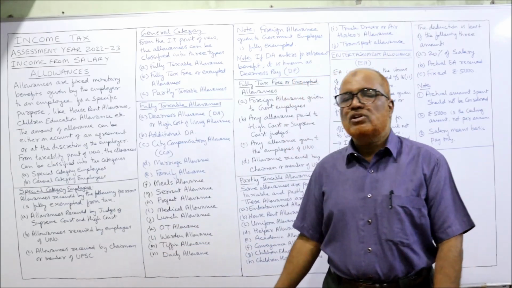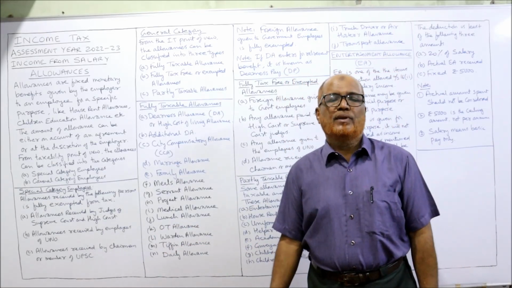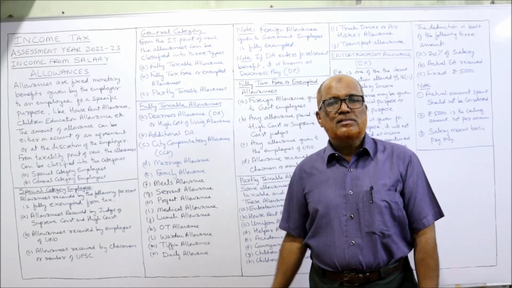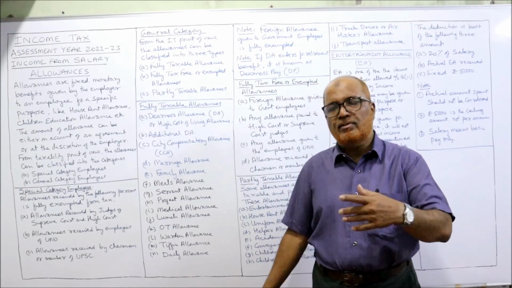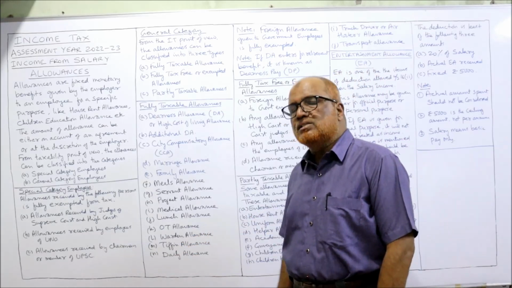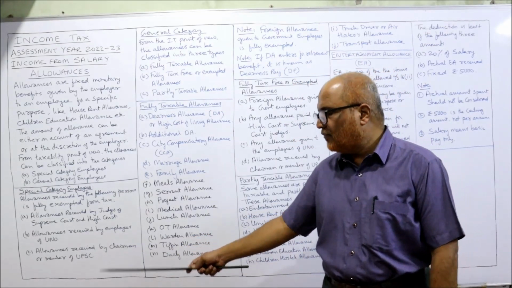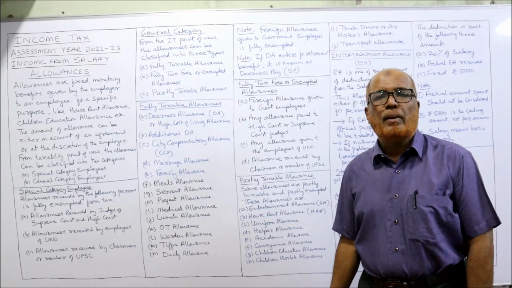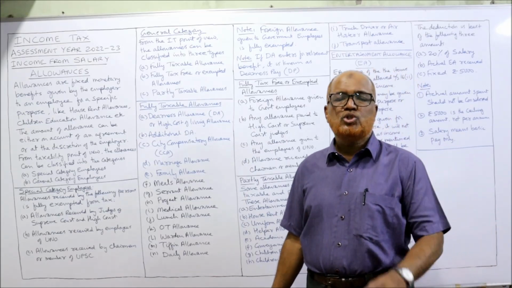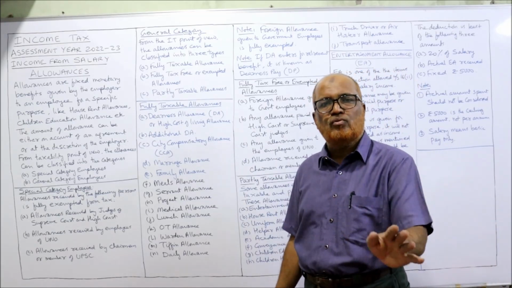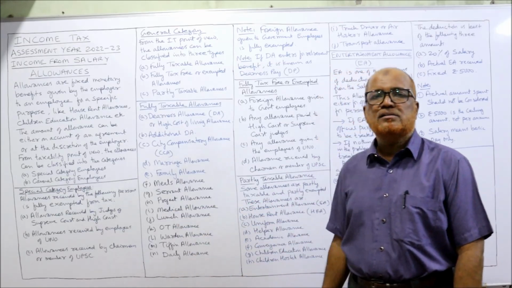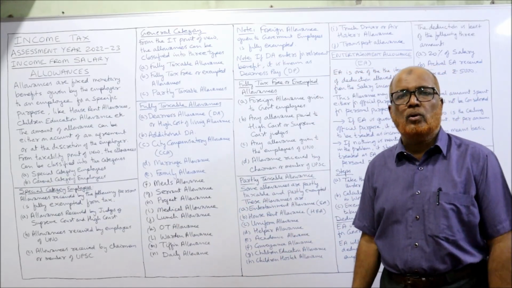Secondly, allowances received by the employees of UNO, United Nations Organization, are fully exempted. Allowances received by the chairman or member of UPSC, Union Public Service Commission, are fully exempted. So these three are special category employees.